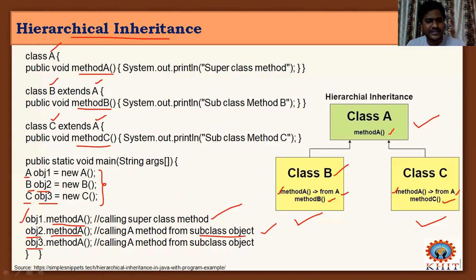And object 3 is an object of class C, and class C is a subclass of parent class A, so it is allowed to access method A. Calling the superclass method from a subclass is also valid. So all these objects invoke method A, and method B is also invoked by the object of class B. Method C, the local method of class C, can be invoked by the object of class C also.